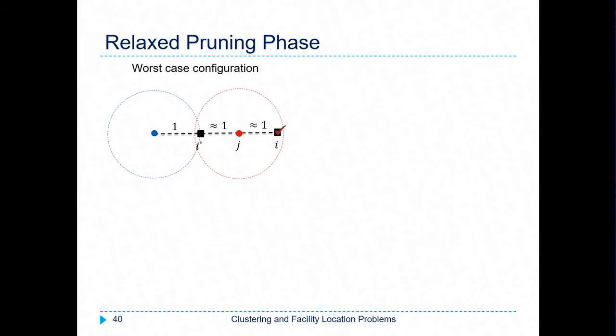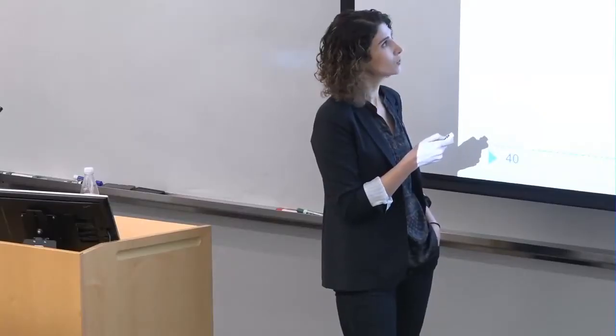And so you remember the worst case was this case. This case happened because we had this client J contributing toward opening of I and I prime. And we didn't want to open I and I prime at the same time, right?